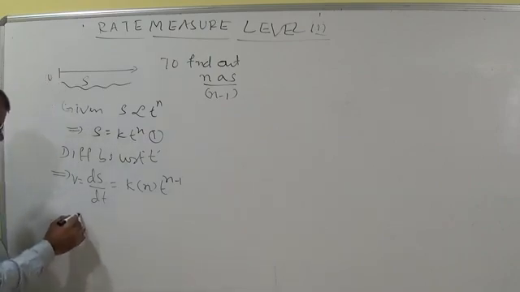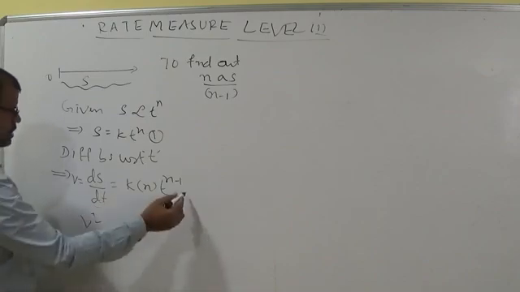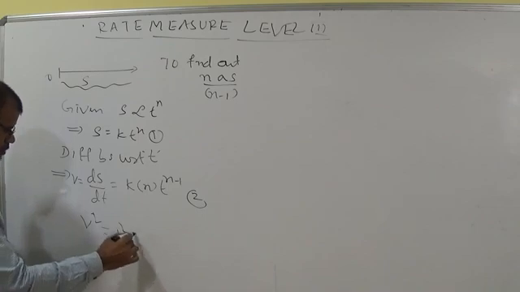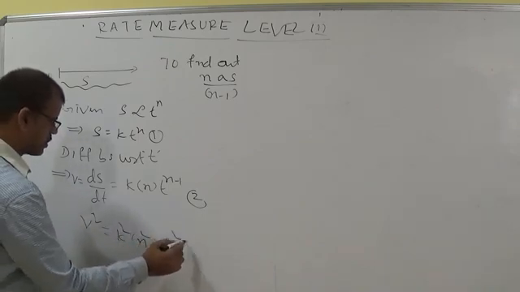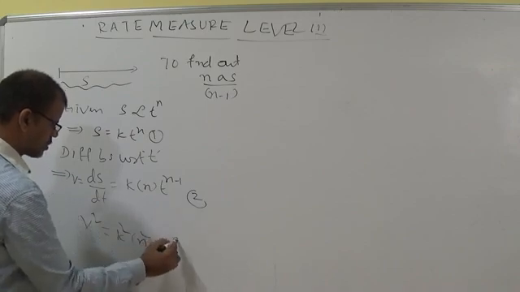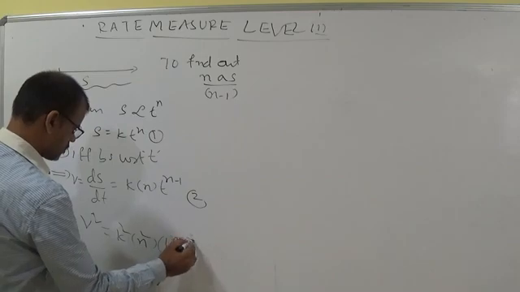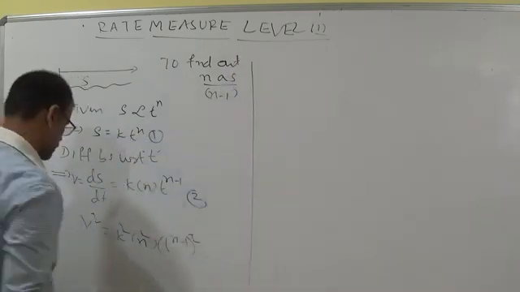Let this be the second equation. V square is equal to k square into n square into t power n minus 1 whole square. It will be useful later.